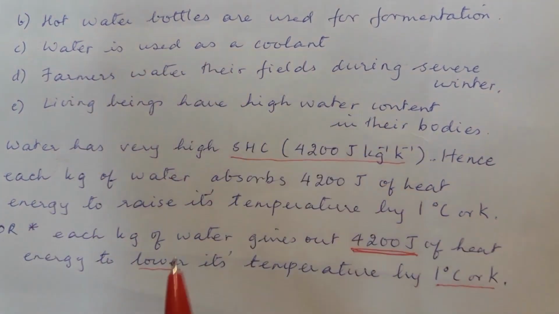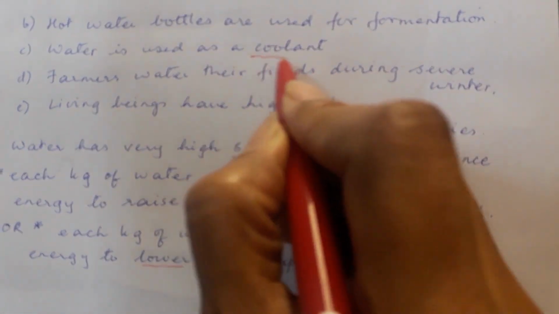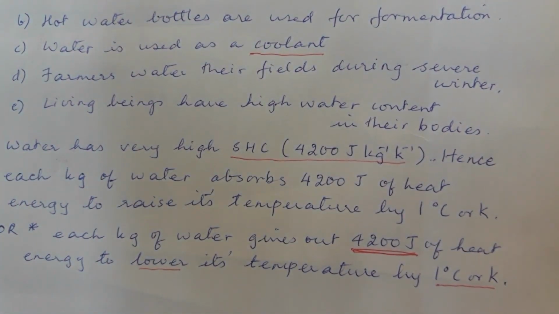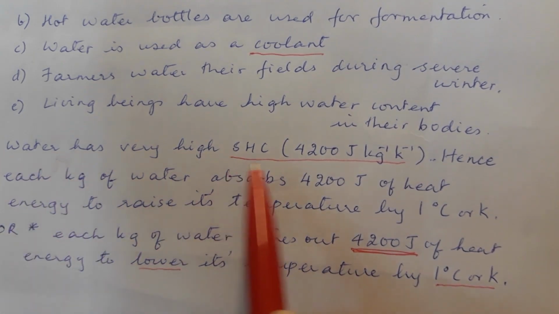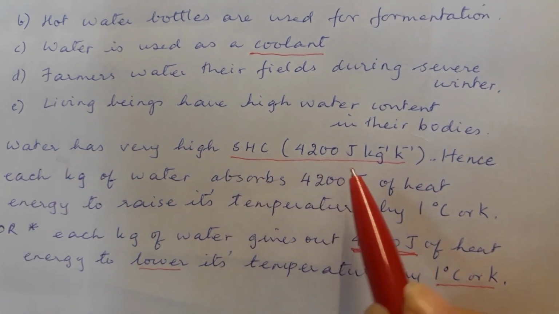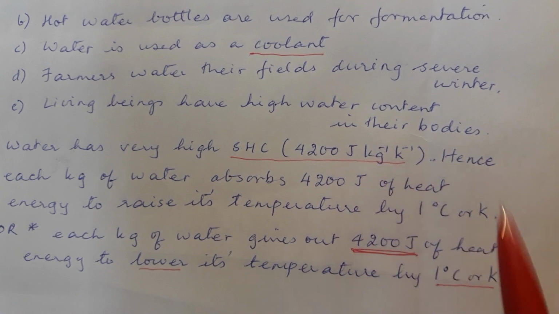So now let us come to the next one. Water is used as a coolant. Now where is the coolant used? The coolant will be used to lower the temperature of the heated machine parts. So again we will talk about the same keywords. Water has very high specific heat capacity, 4200 joule per kg per Kelvin.